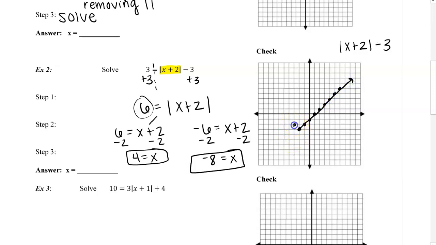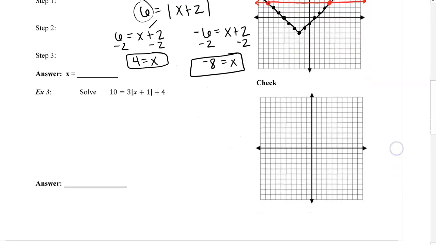And then up 1, left 1 to the other side. And then if we were to have graphed the value that we were looking for, y equals 3, it would be a horizontal line through here. And we can see that this horizontal line crosses the absolute value function at negative 8 and positive 4.